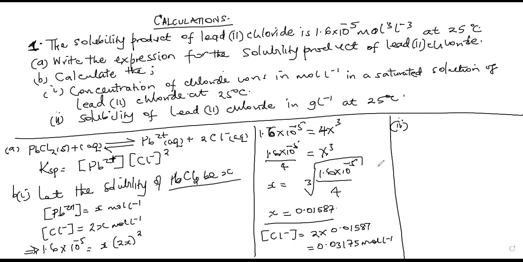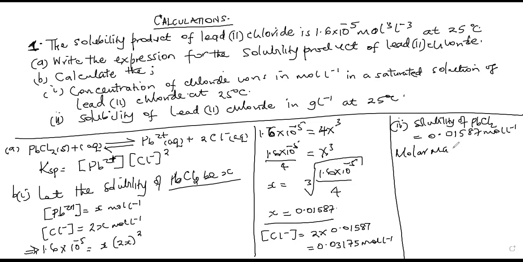It means that the solubility of lead 2 chloride, which is the same as concentration, is the value of x, which is 0.01587. So that is the solubility, of course, in moles per liter. If you have solubility in moles per liter, how do you convert it to grams per liter? First, get the molar mass. You are converting from moles to mass.